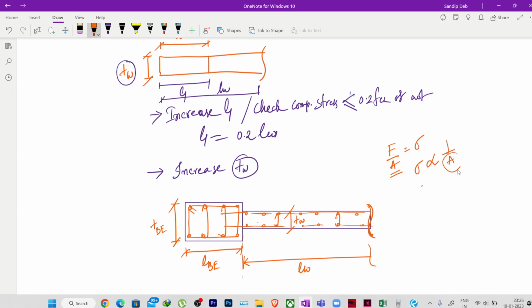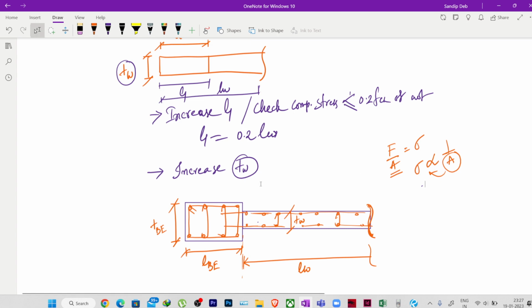So if area increases, the stress will be decreasing, right? It is basic simple physics. So obviously when increasing the length is not working out, we have to increase the thickness. Increasing the thickness will be very effective.